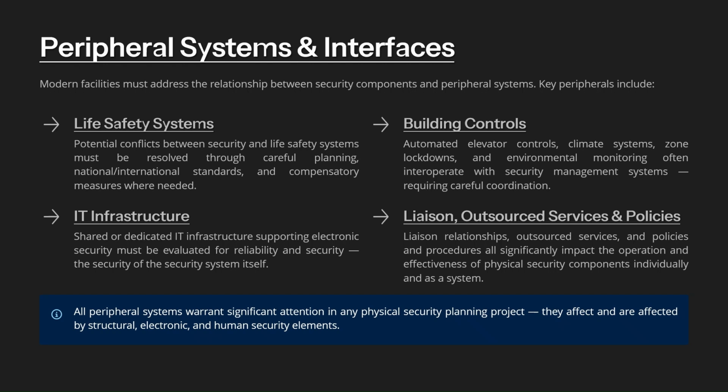IT infrastructure plays a vital role, as modern security systems depend heavily on networks, data, and cybersecurity. Additionally, coordination with outsourced services and policies ensures consistency and reliability across all components. The key message is clear. Effective physical security is not standalone. It is integrated, interconnected, and continuously evolving.